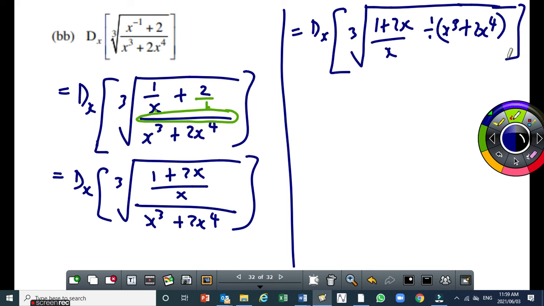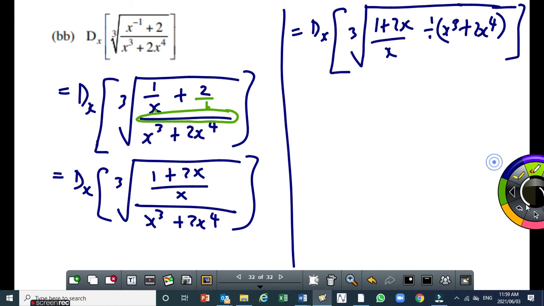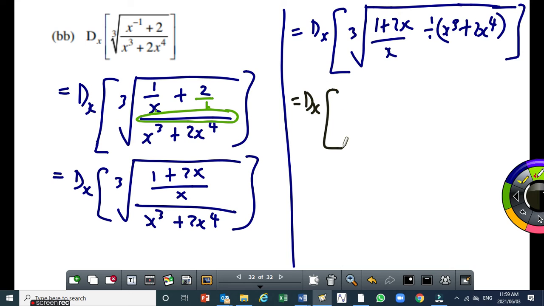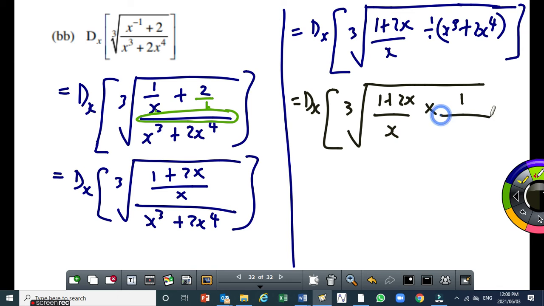I'm doing this question because it's more complex than what you are likely to see. This will be equal to d of x of the cube root of 1 plus 2x over x times 1 over x cubed plus 2x to the power of 4. Let me close the bracket.